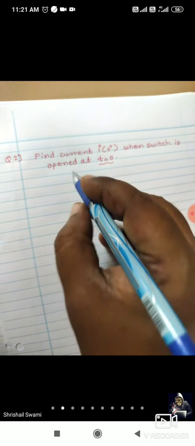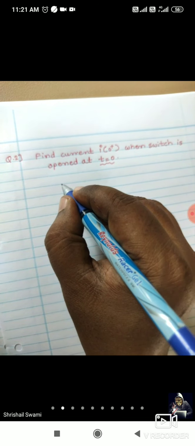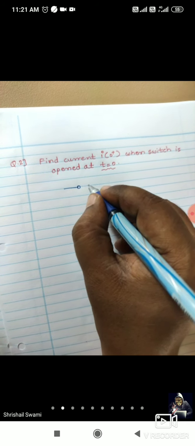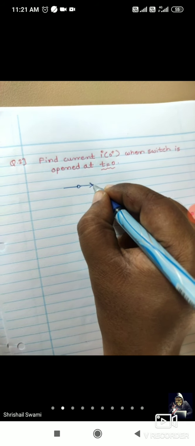So note down the diagram. So this will be the switch.